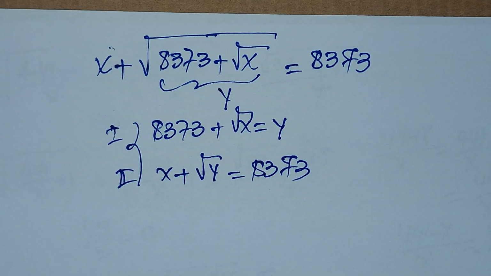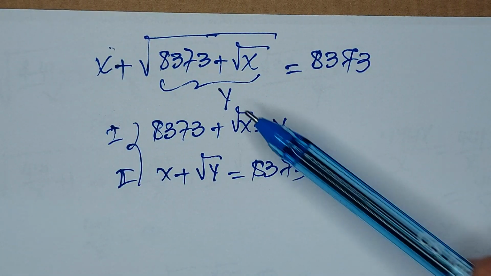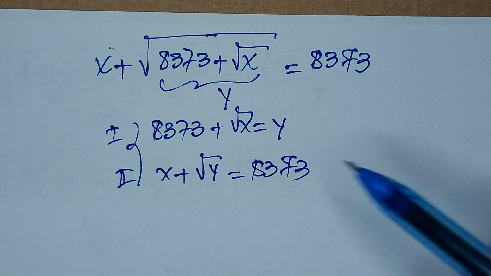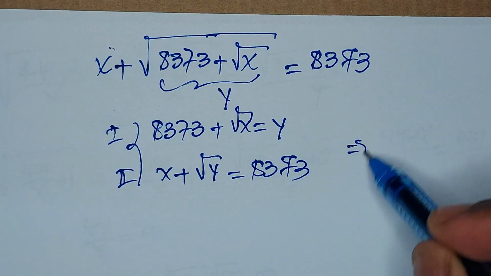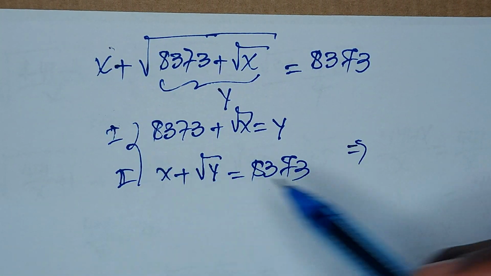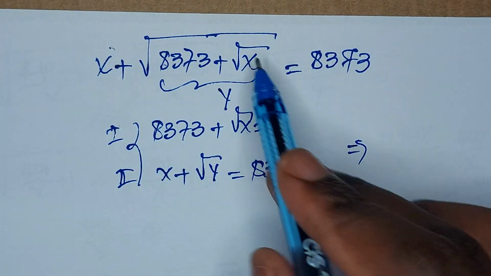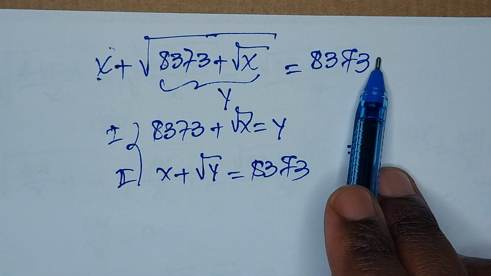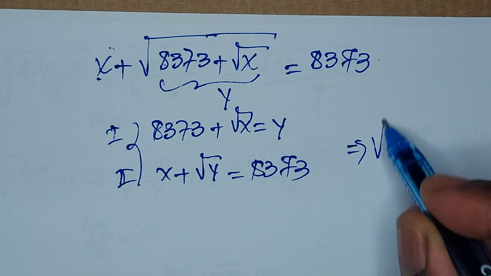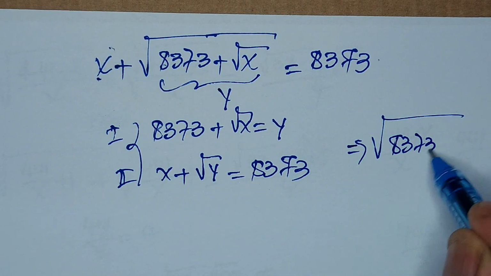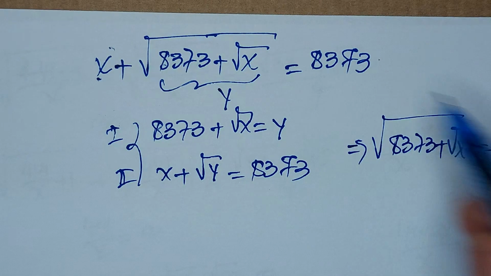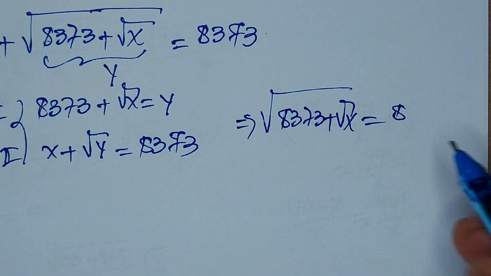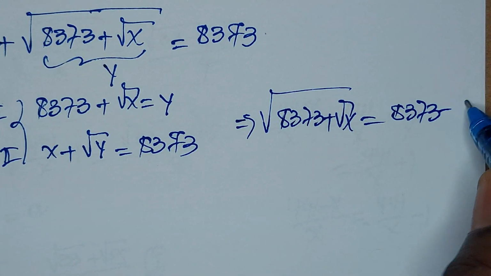Okay, to continue, I'm going to do something here before continuing to solve this simultaneous equation. I'm going to send this x to the right side of the equation, and this is going to be equal to 8373 minus x.